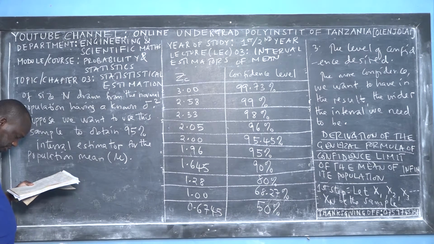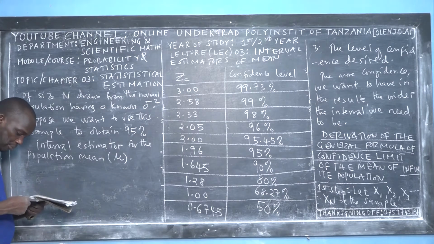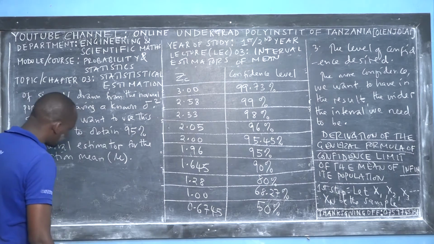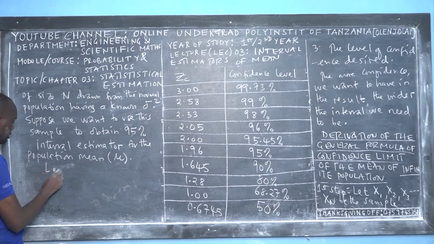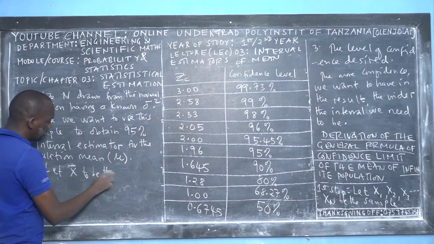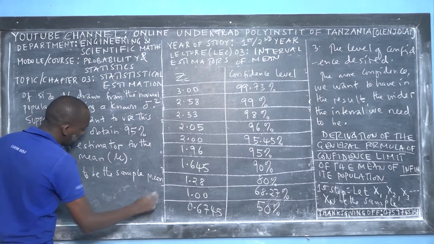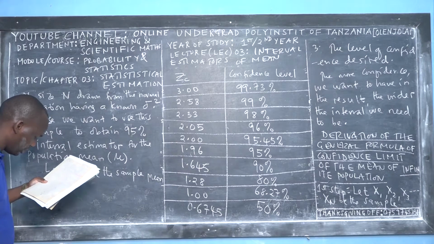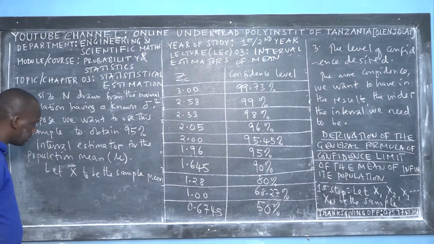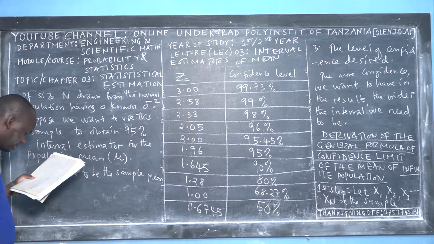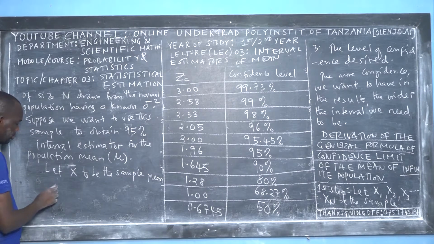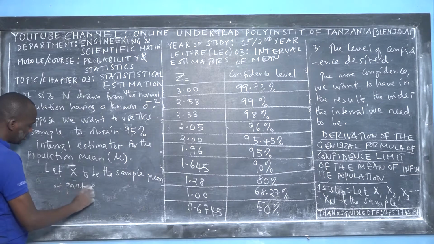So we start with the sample mean. Let x bar be the sample mean, the point estimator.